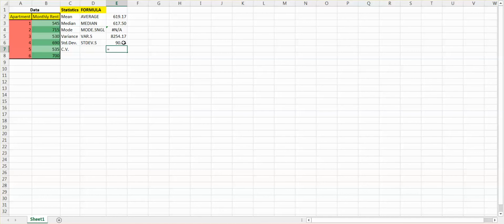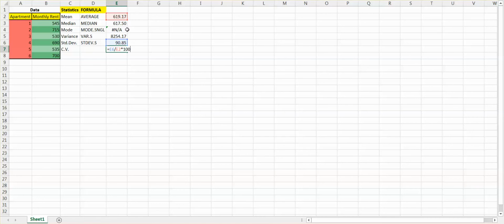Obviously, it's our E6 cell, so we choose E6. Then find the divide sign on your keyboard, and divide by the mean. Where is the mean? The mean is the E2 cell. We calculated the average, so that's our sample mean. And don't forget times 100.